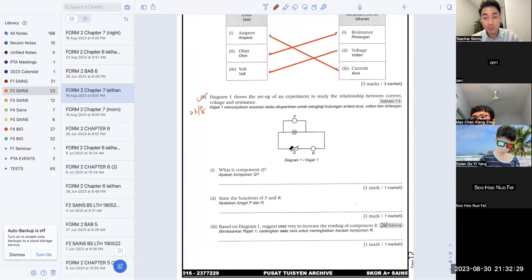What is component Q? Go back and check. It is actually a variable resistor. What is the function of P and R? Teacher, but they never put what is P, what is R. So we have to go back and check.